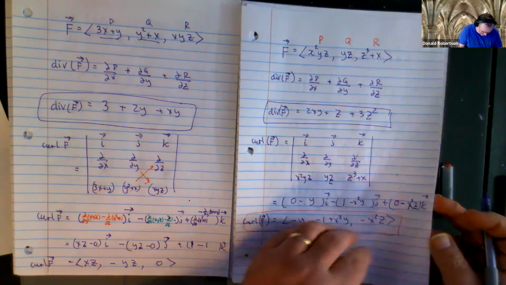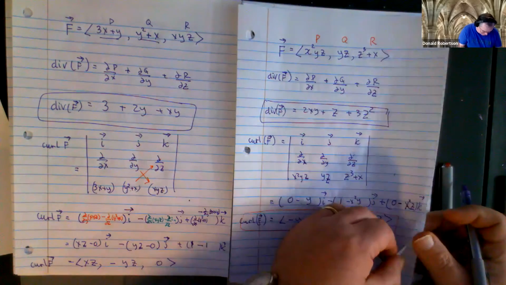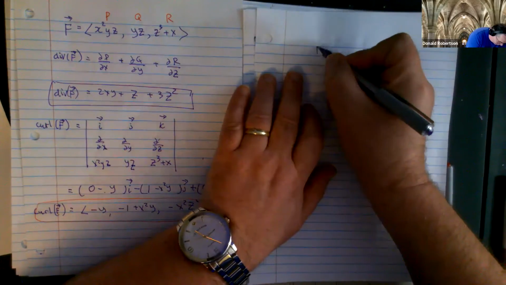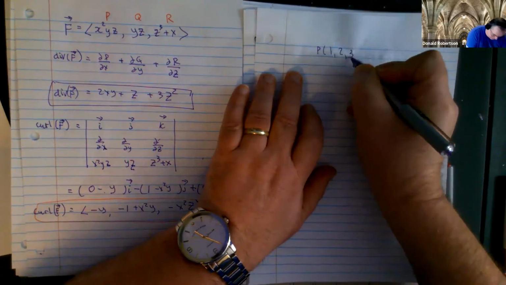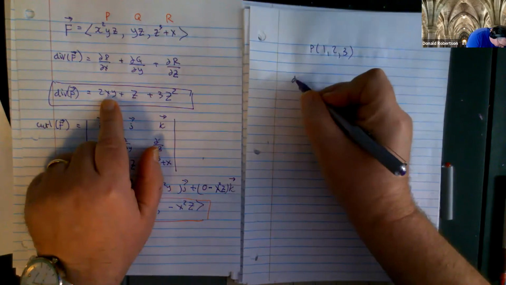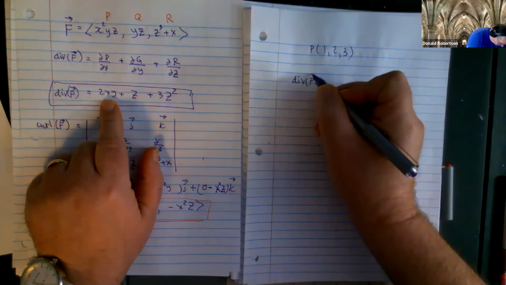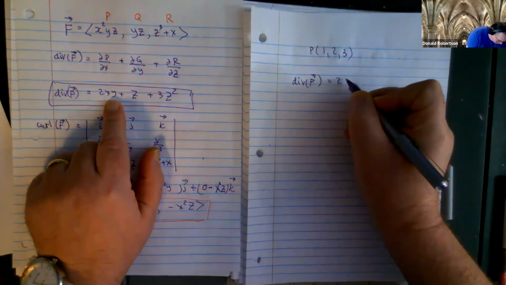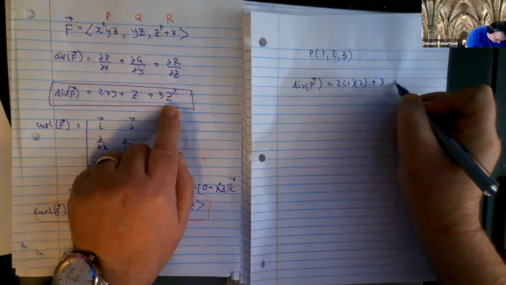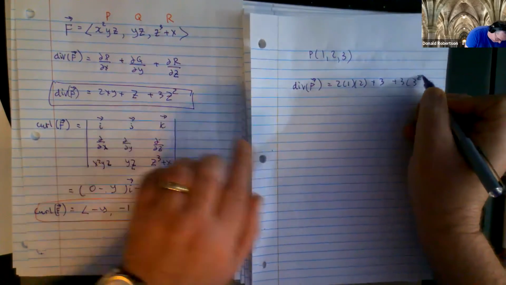So let's take this vector field in 3D and let's just choose a random point in 3D space. Let's choose the point 1, 2, 3, right? If I plug it into the divergence, the answer I get is 2 times 1 times 2 plus 3 plus 3 times 3 squared.